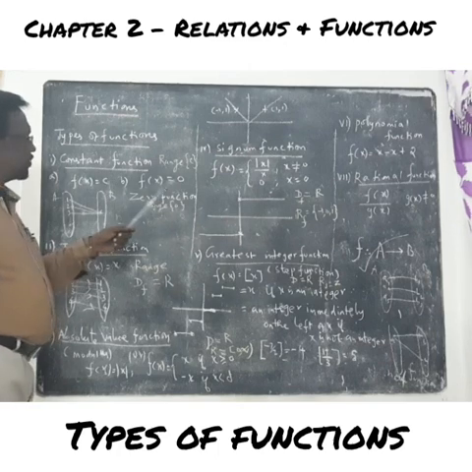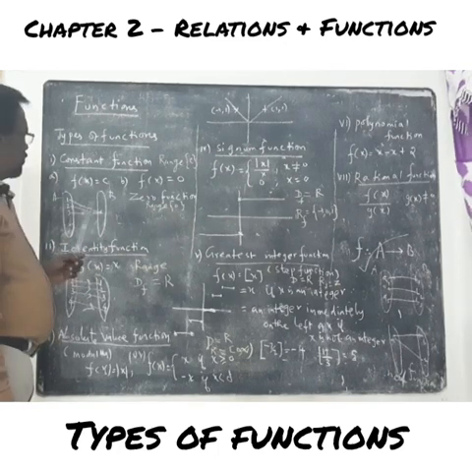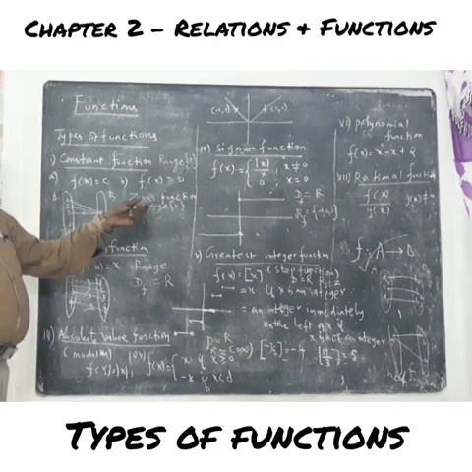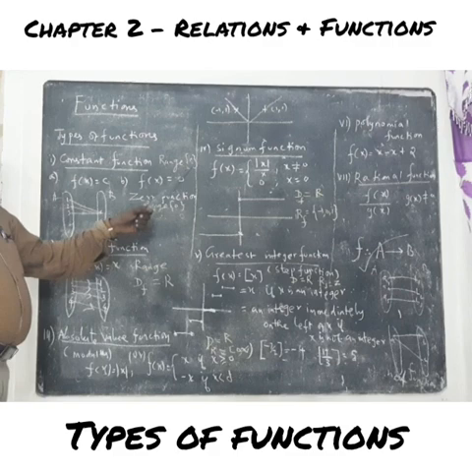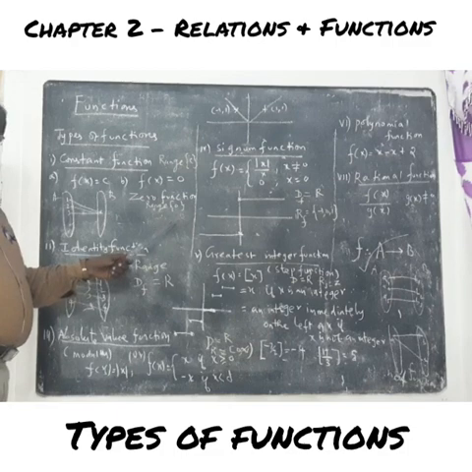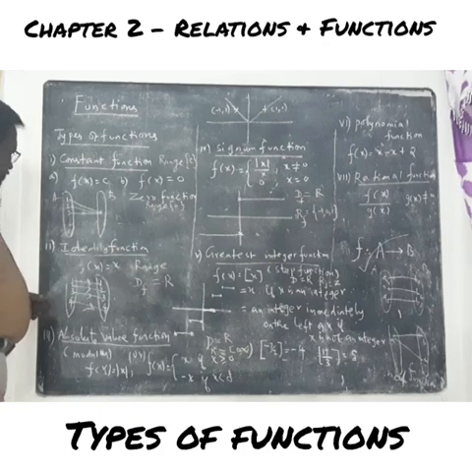Suppose the constant is equal to 0, that function is called the zero function. For a constant function, the range is C, the singleton set. For the zero function, the range is the singleton set with the zero element, right?